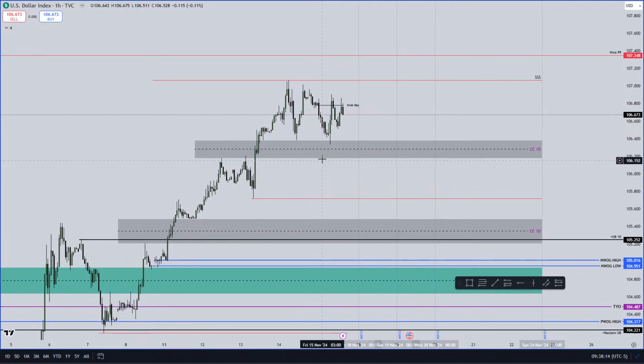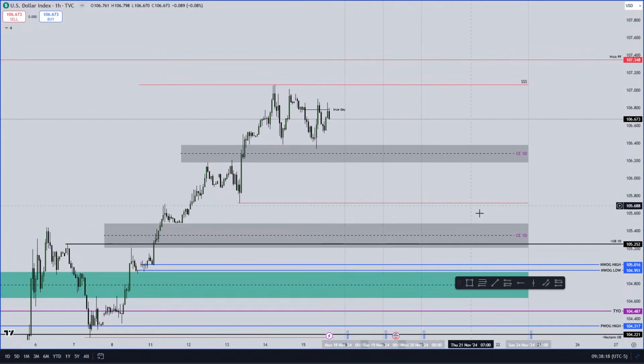Let's hope the price doesn't close below this. We don't want to see the dollar index reverse until this high is swept.